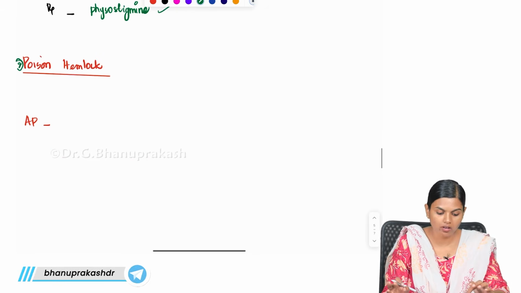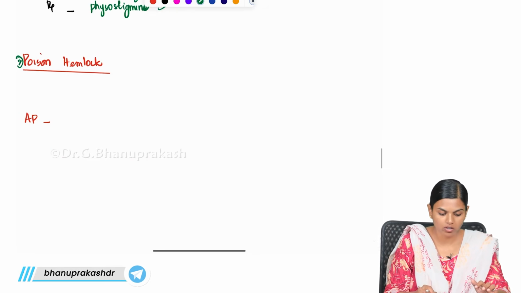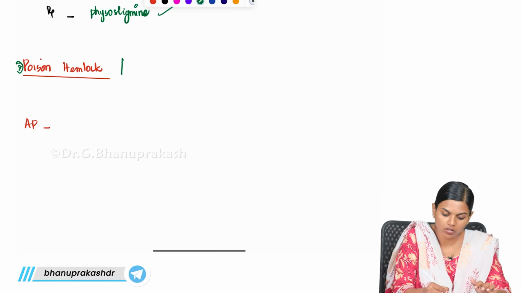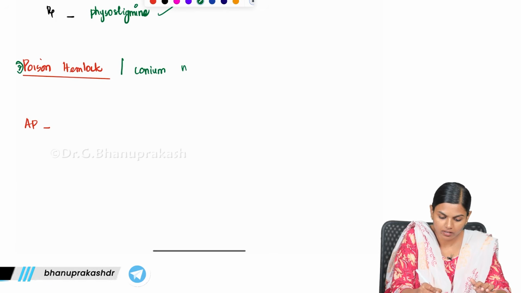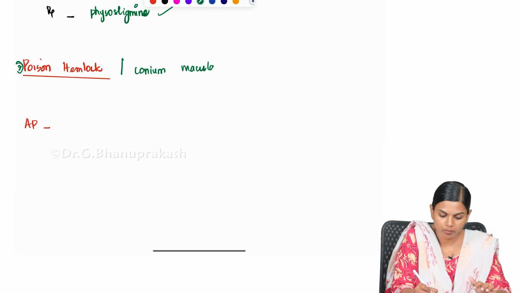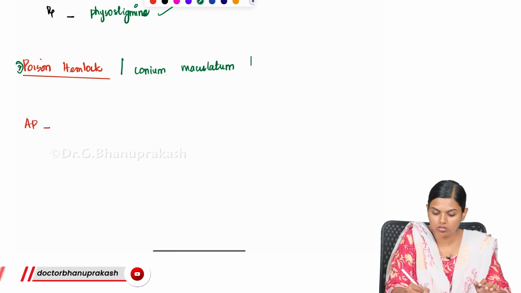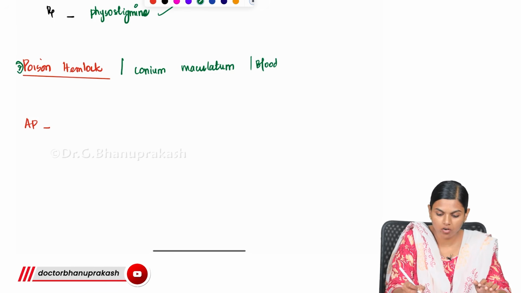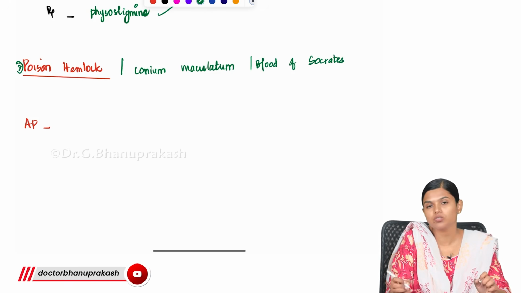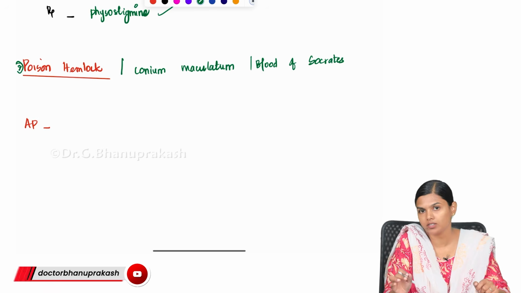Next we have poison hemlock. Poison hemlock is also known as Conium maculatum. It is also known as the blood of Socrates, because this was used to kill Socrates, the legend.